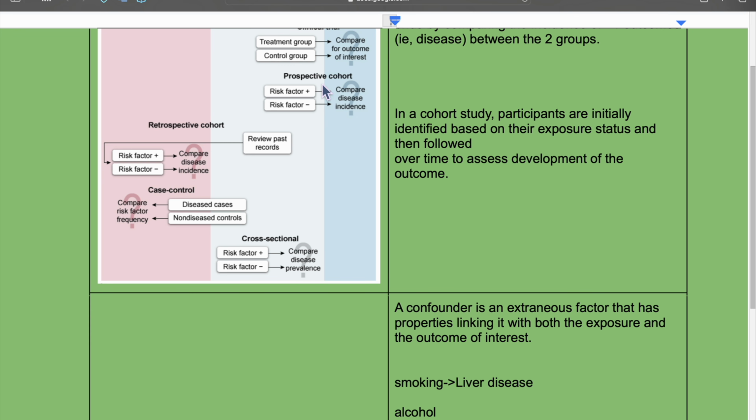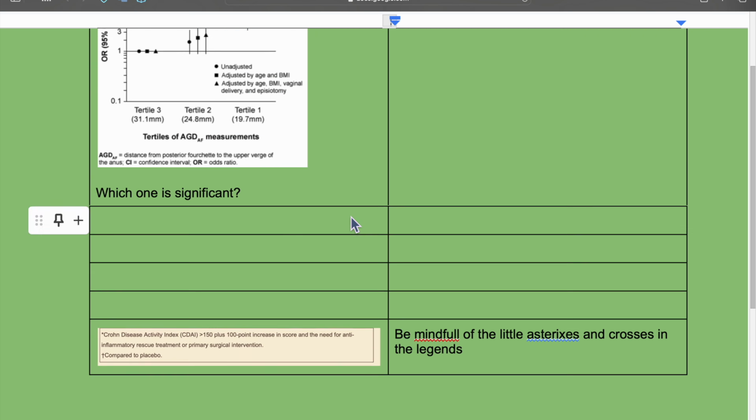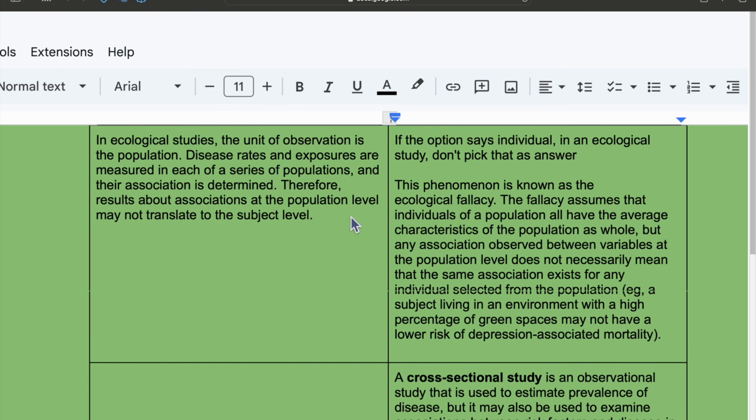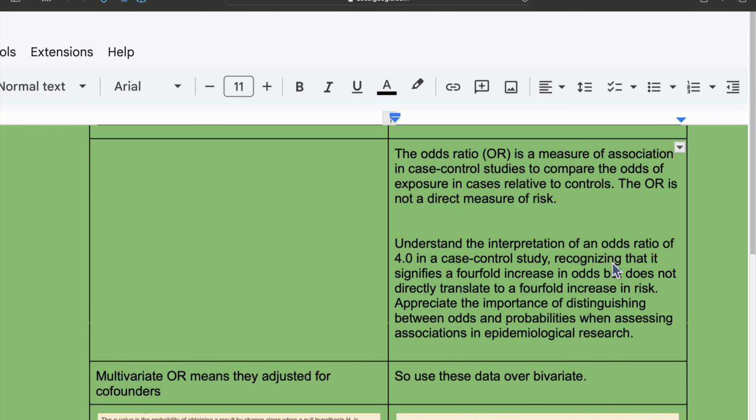Or here, I mean prospective, or they had it. Or they will have it, sort of like that. Hopefully that helps. So the difference with an odds ratio of 4.0 in case control is that it doesn't signify increase in risk, but it increases the odds, basically, of the risk. Okay.